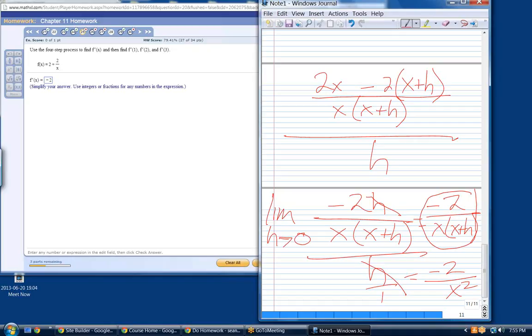In other words, when h is 0, the denominator is just x times x. So the derivative is equal to -2 over x squared. That's f prime of x. So f prime of 1 would be -2. F prime of 2 would be -2 over 4. F prime of 3 would be -2 over 9.